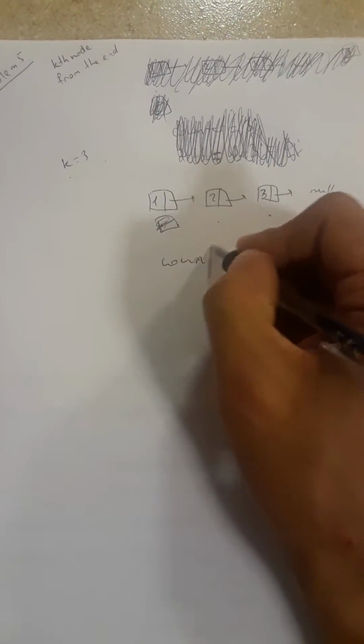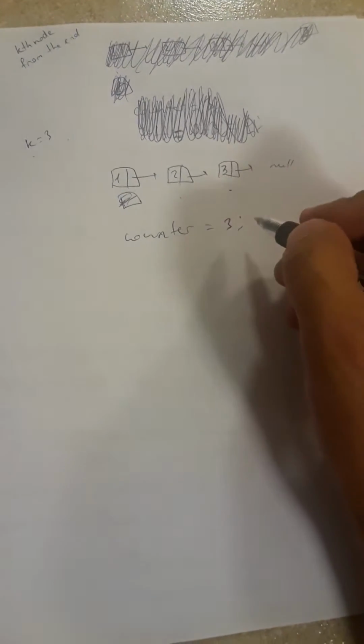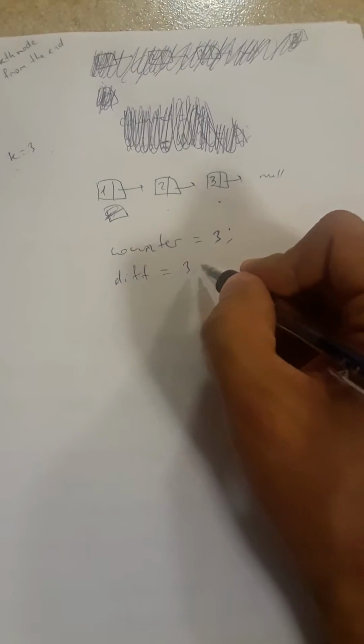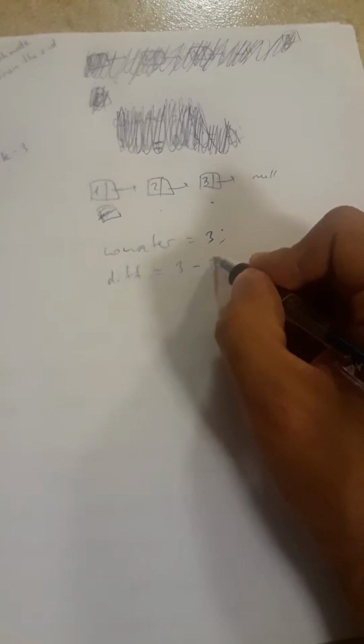So how are we going to do this? First of all, we will try to find the number of nodes in the linked list. We'll run our for loop and find, for example, in our case the counter is 3. After that, we'll compute the difference between the counter and the input number, and it's 0.